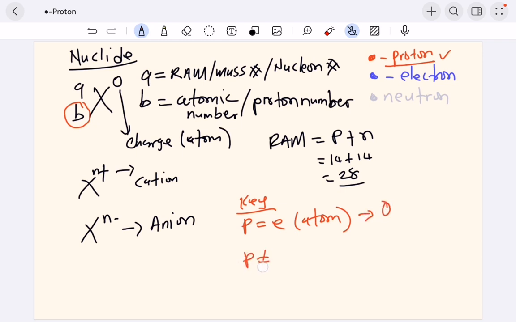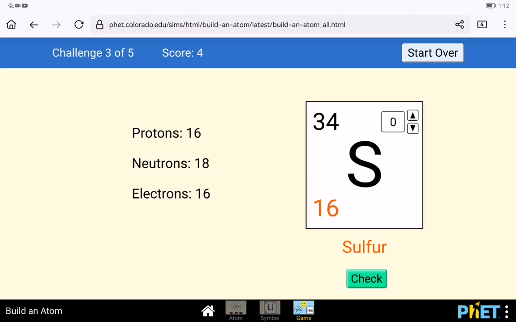But when P is not equal to E, it means that you're dealing with an ion, which can be a cation, N positive, or can be an anion, which is N negative. So in this case, we just check if our P is equal to E. And in this question, the proton number is 16, the electron number is 16, therefore your charge is 0. So there's nothing to change there. So our charge is 0.